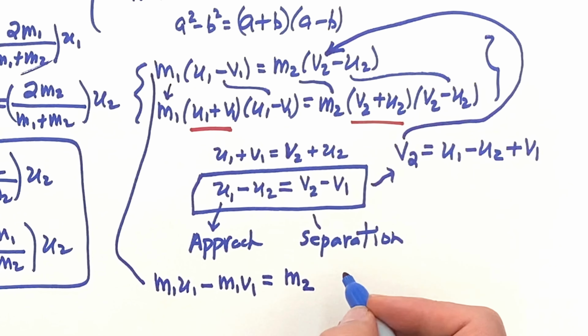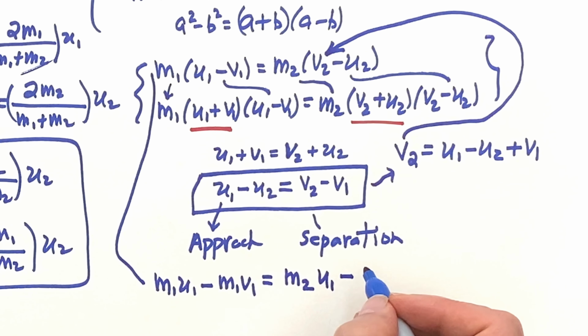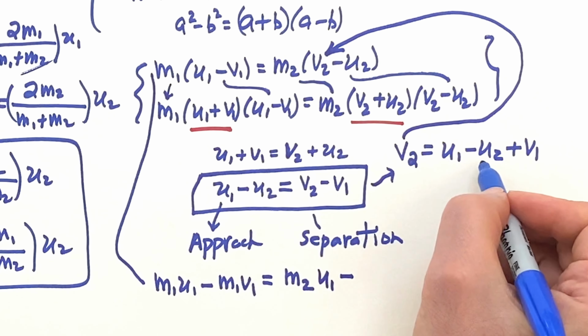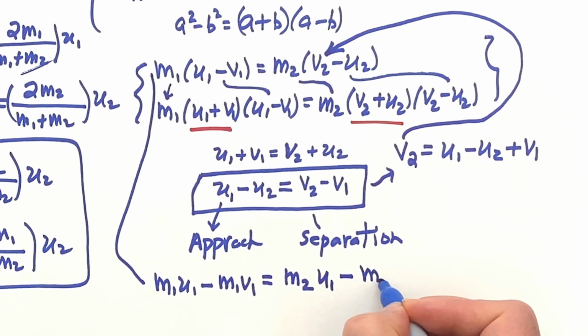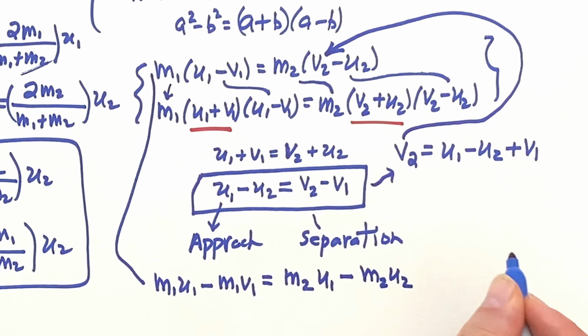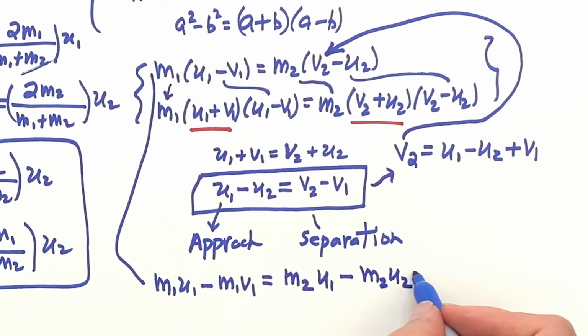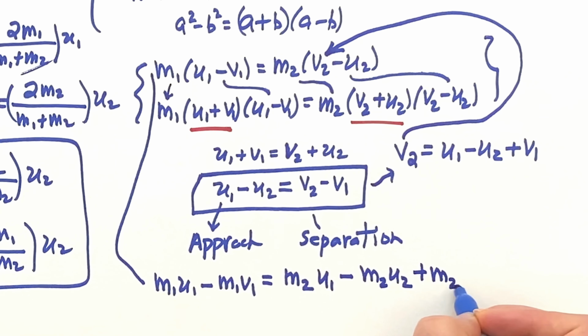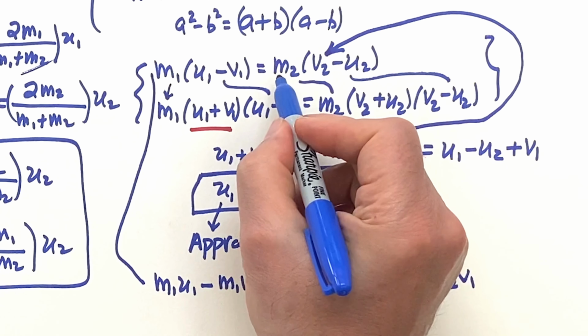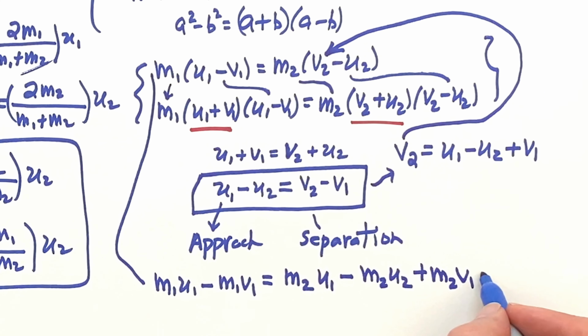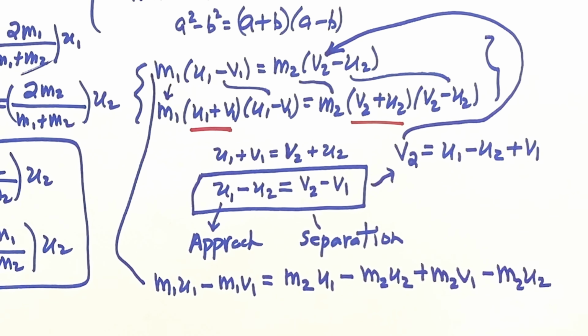M2 times U1, M2 times minus U2, M2 times V1, and then M2 U2 with the minus sign. So we go ahead and check these.